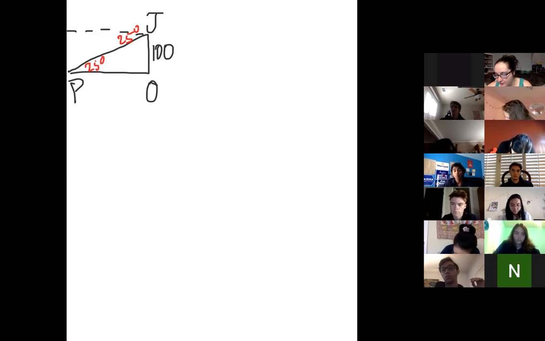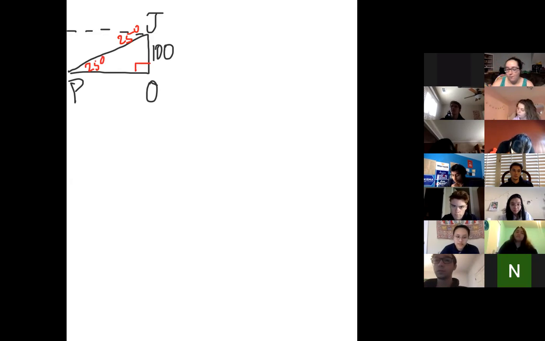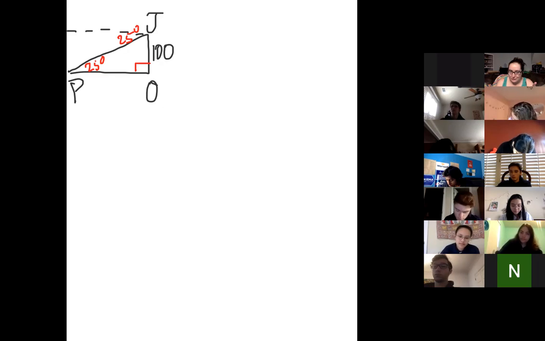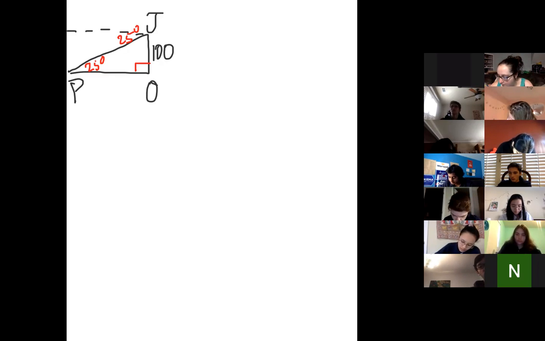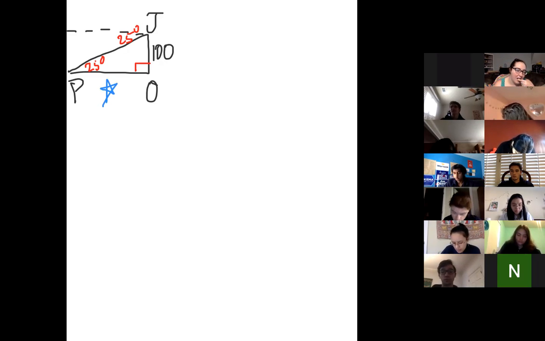I also know that this is a right angle. I don't really need that even. I mean, I do, because it is a right triangle, I can use my SOHCAHTOA rules. I want to find this length right here. How do I relate this known information using the SOHCAHTOA rules?